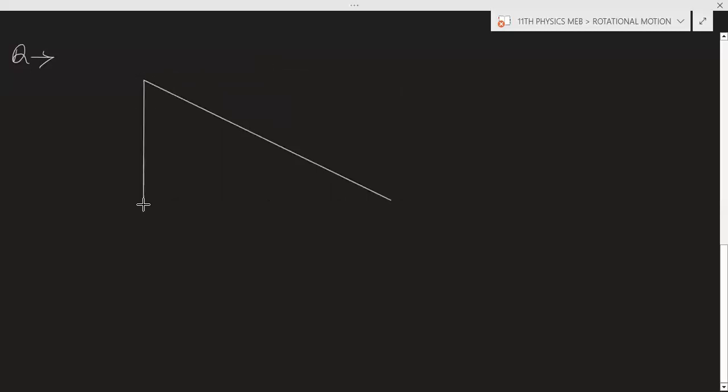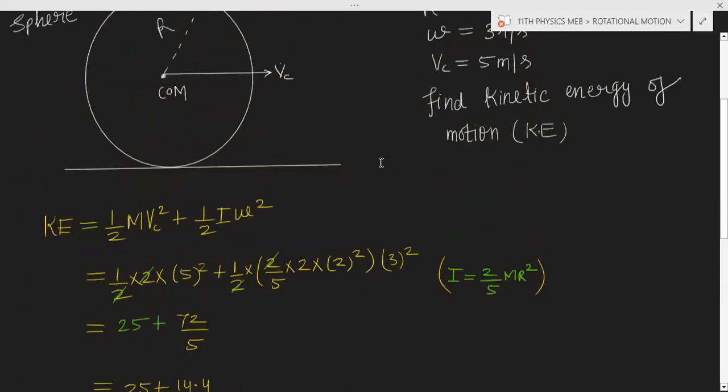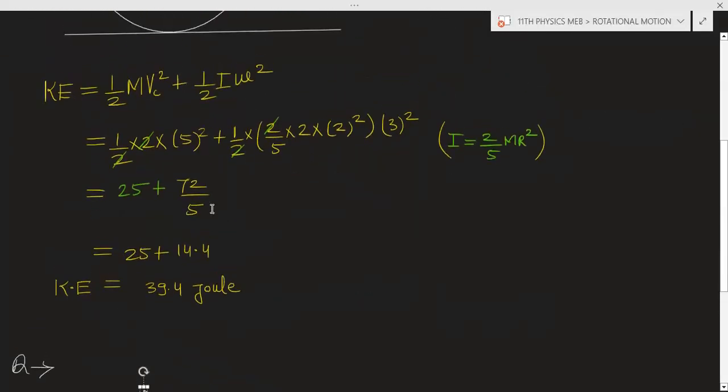Should the value of kinetic energy be in joules or kilojoules? Yeah, it will be in joule. No, this is not kilojoule. Remember, the unit of kinetic energy, any type of energy, is joule. Kilojoule is something different.